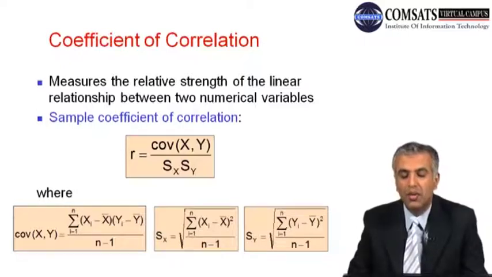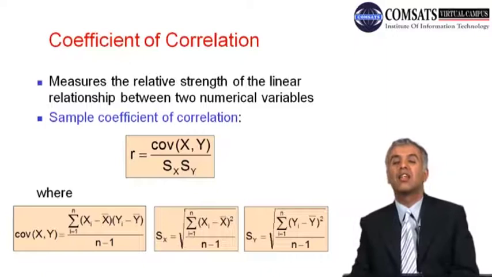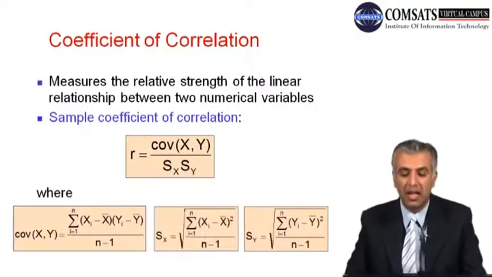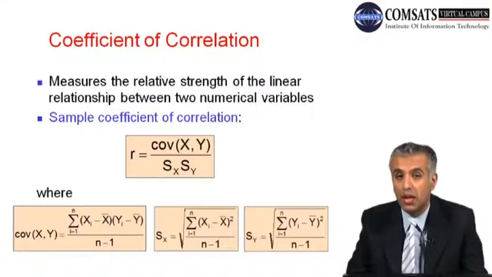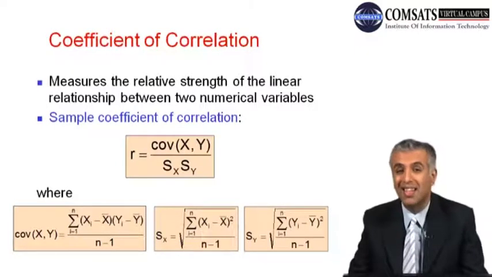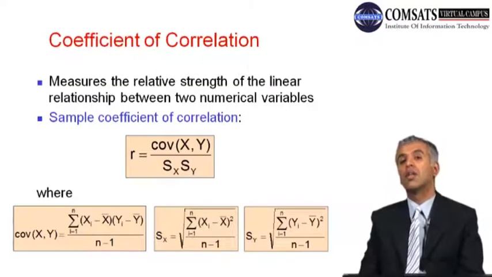In this way we are standardizing the measure of covariance to a scale which ranges from -1 to 1, and because it is standardized, the coefficient of correlation can be compared with any other correlation figure of any other two variables.